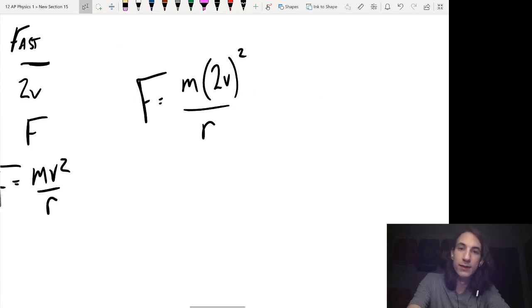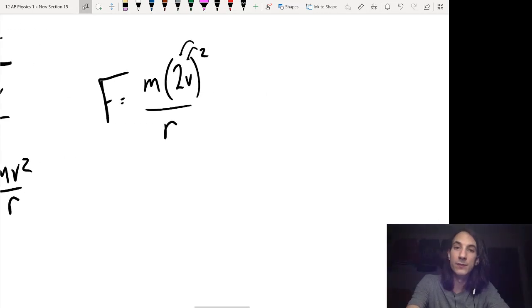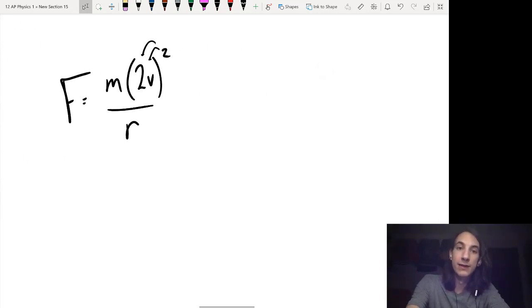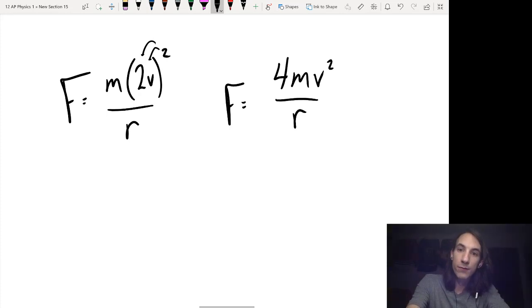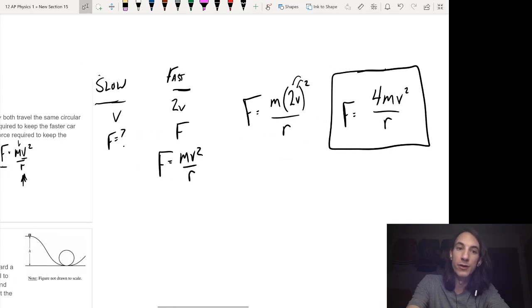I have to remember that I have to square both of these: this 2v is what I'm plugging in for my speed, so I have to square all these quantities. So F is equal to 4mv squared over r. So F equals 4mv squared over r.